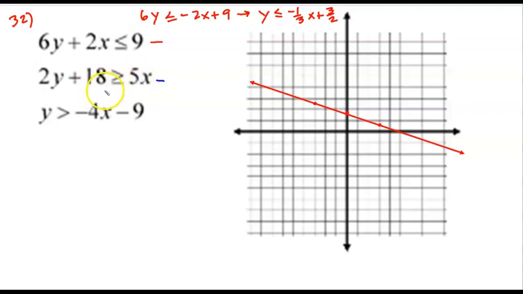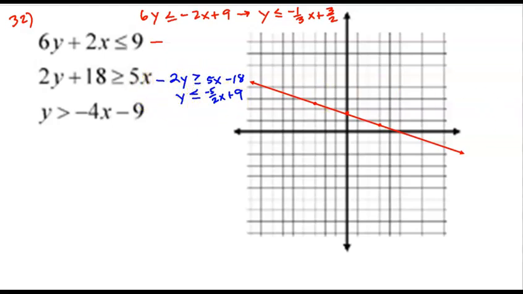So solving for y, 2y is greater than or equal to 5x minus 18. Y is less than or equal to negative 5 halves x plus 9. So remember to switch the inequality since, oh, that's not a negative, sorry.